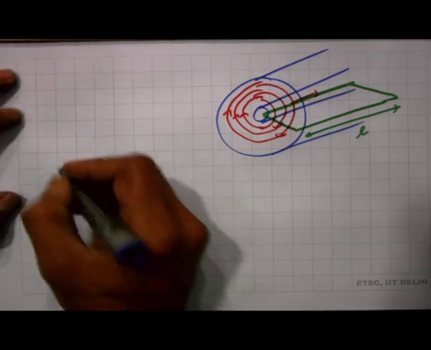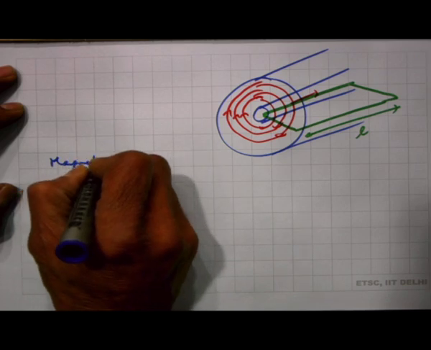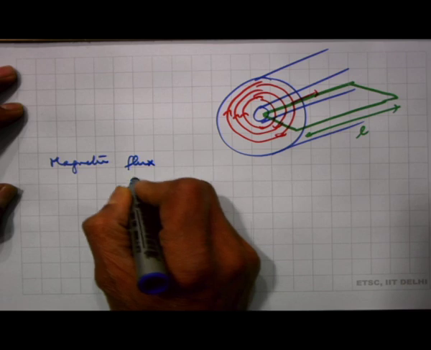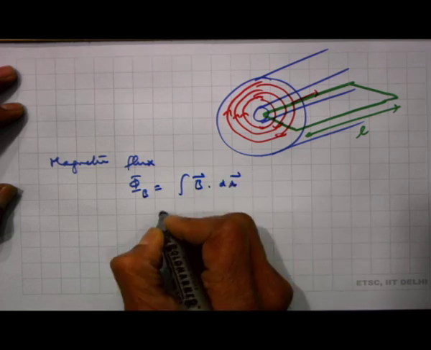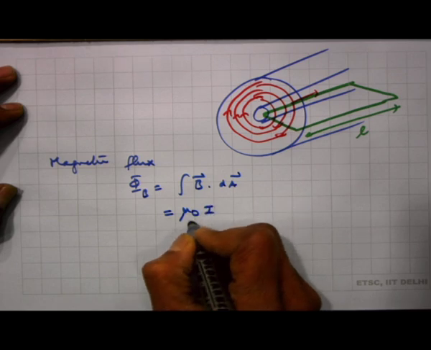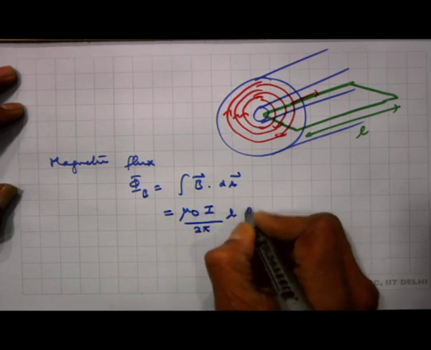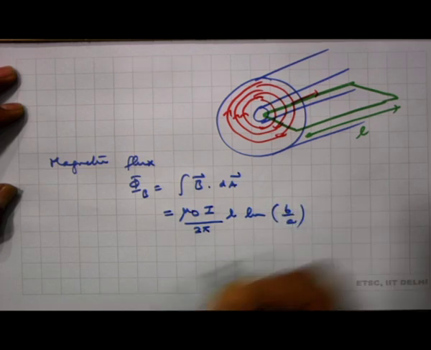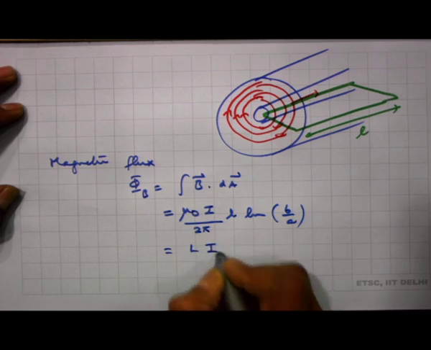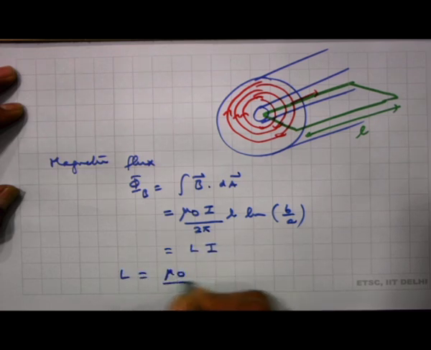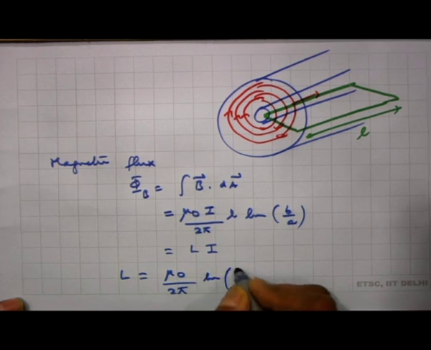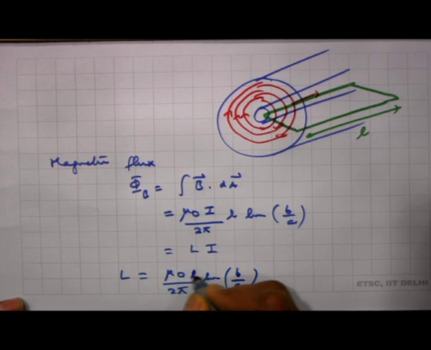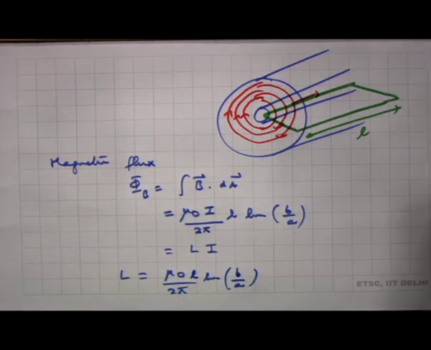You can calculate the flux. The magnetic flux phi B is equal to integral of B dot dA, which will come out to be mu naught I L by 2 pi into log b by a, and this can be written as L times I, and I get an expression for L which is mu naught L by 2 pi into log b by a, which is exactly the same as what we had obtained from the energy density calculation.